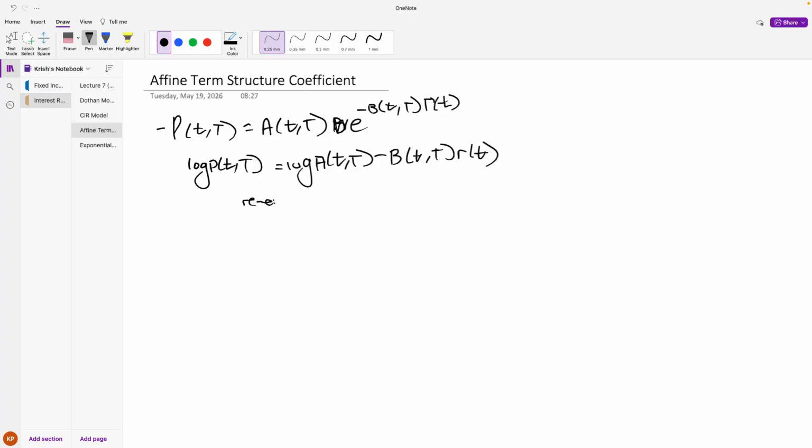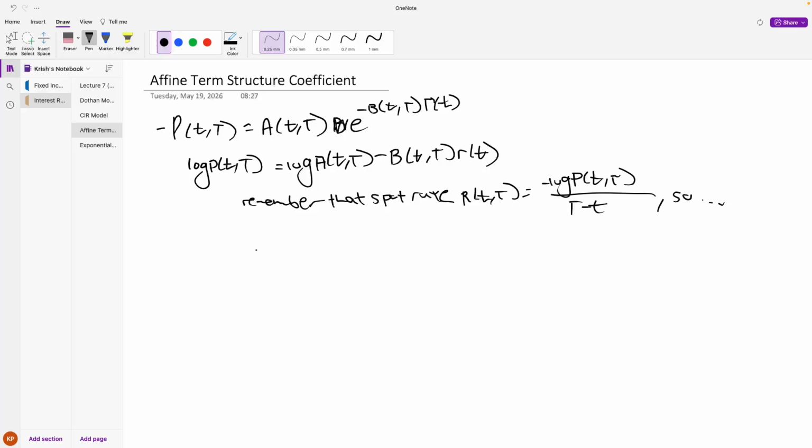And so if you guys remember that spot rate, this is just to show you guys the main property here.